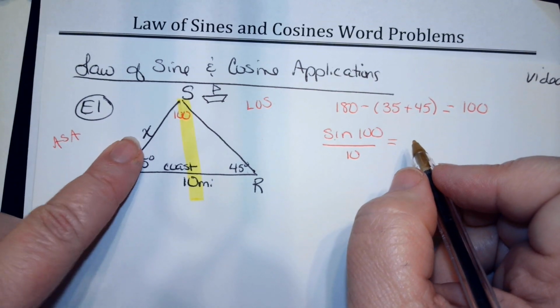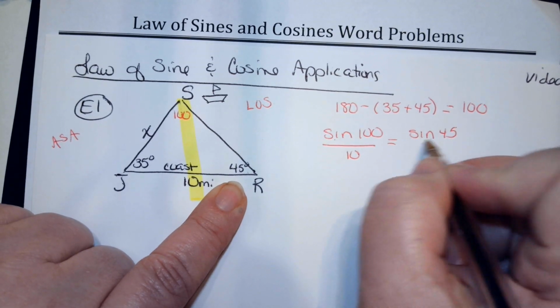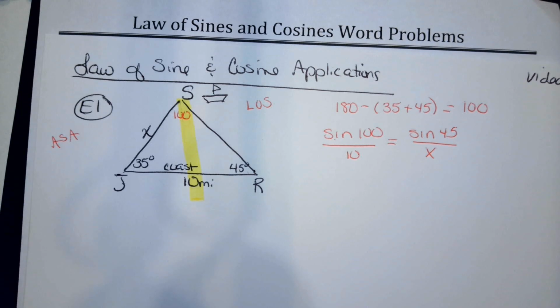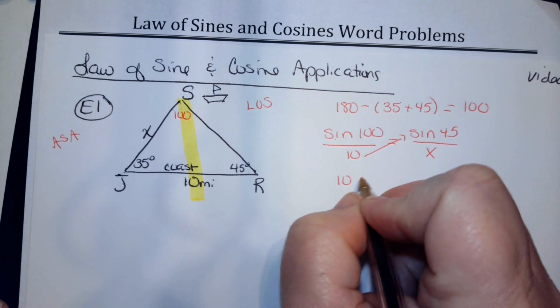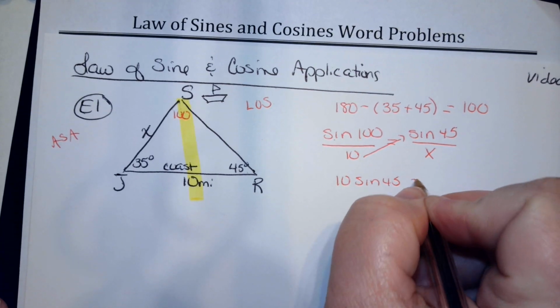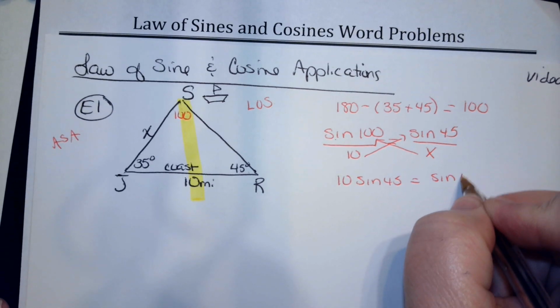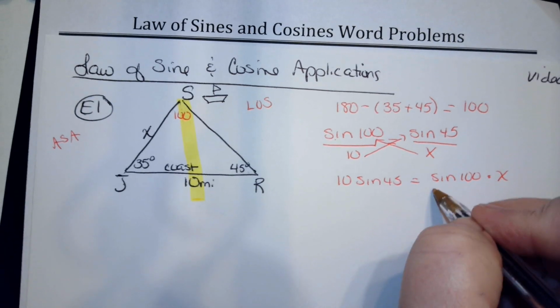We're trying to find x, so we're going to use angle R. It's equal to the sine of 45 over its opposite side of x. This is a proportion, so we're going to cross multiply. We're going to say 10 times the sine of 45 is equal to the sine of 100 times x. Well, we want x to be by itself, so we're going to divide by the sine of 100.